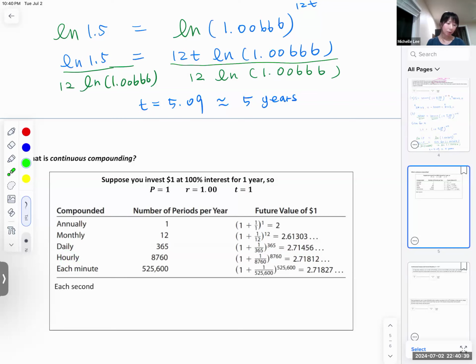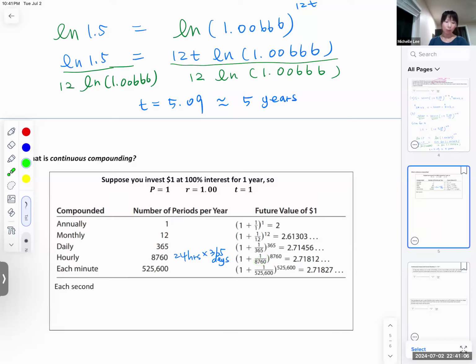So hourly, how many hours? 24 hours times 365 days. That is 8,760. So m is here, and then we are using it as a power.